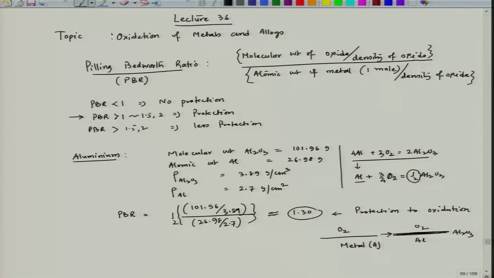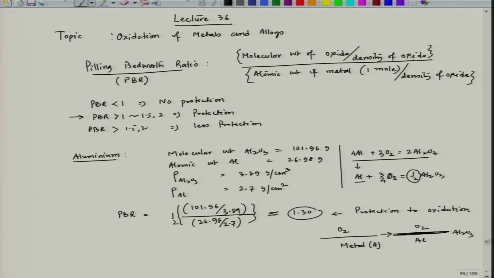So, this is one example. We can do several such examples, in case of chromium, if we take the chromium data, you will see that the PBr ratio will come out to be around 2, which is also good. Even for FeO, it will come out to be 1.76.